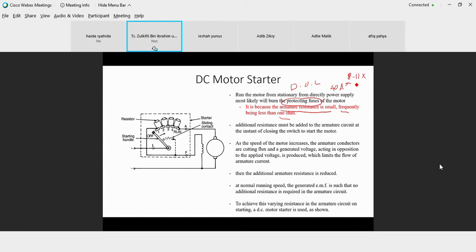So imagine how big the current will be. So you need to have a very huge protective fuse, and it can cause an increase in cost. You have to buy the higher rating. Normally you can use a small rating, but because of this you need to use a higher rating, so the cost will be increased. So how do we overcome this?